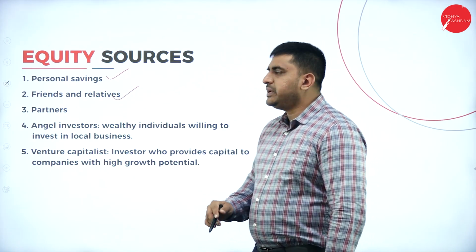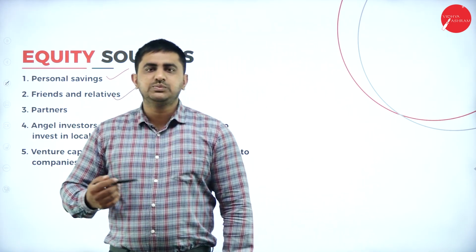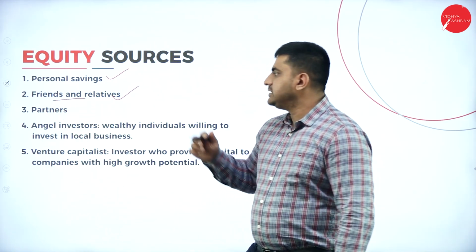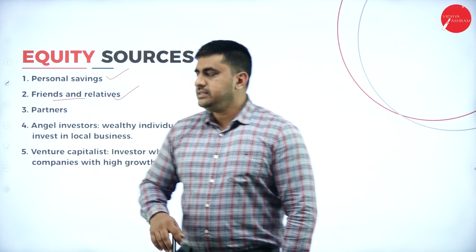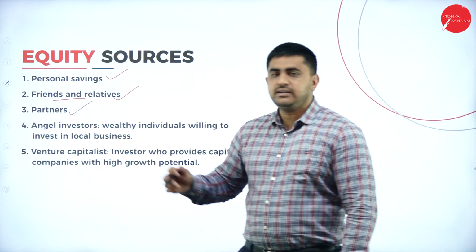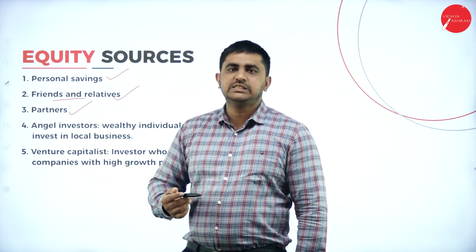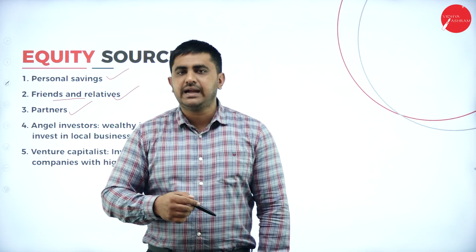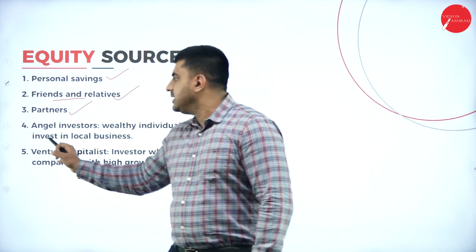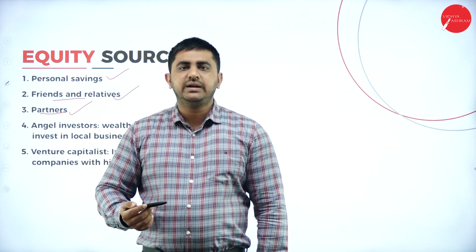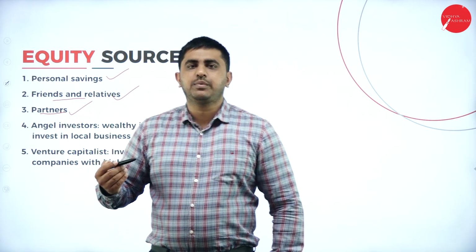Your investment is not enough and you want to invest more, so you approach your friends and relatives to invest in your business. Then you go for partners. You can get it registered, minimum 2, maximum 50 in the latest act and 20 in the previous act. You can also start a small business in partnership. You can make agreements, bring in capital, and share the profits.